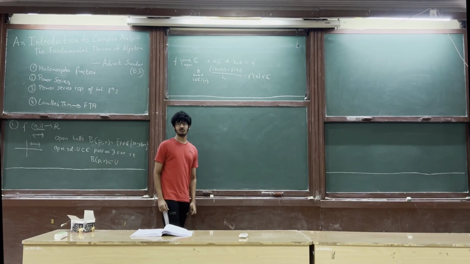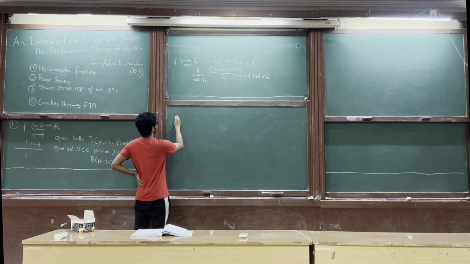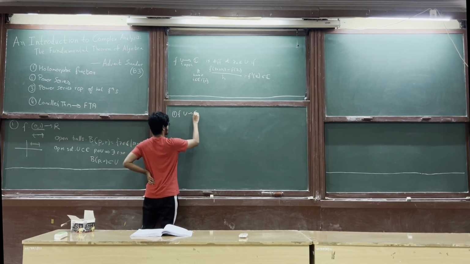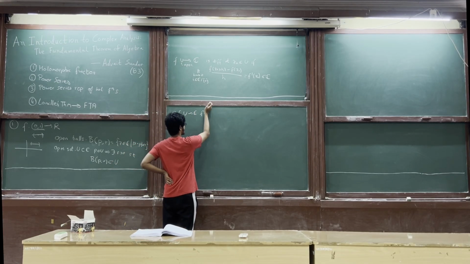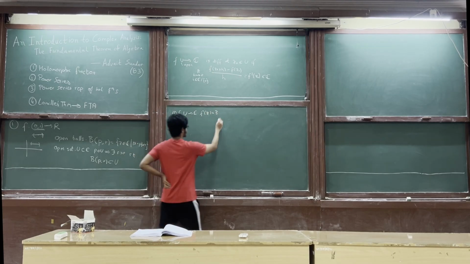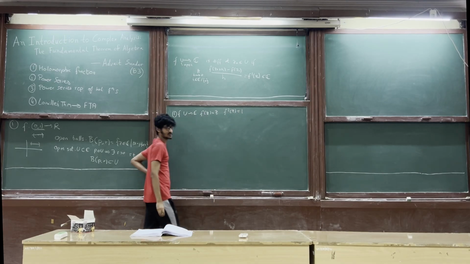Now, extrapolating from what we know in functions of a real variable, we can see that, obviously, the identity function is differentiable with its derivative being 1 at all points. Right?